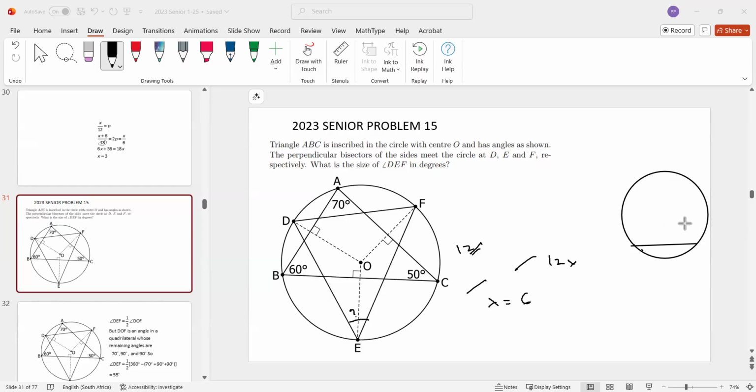Now, if you take any point on the circumference, take this point here, for instance, you join that point to the 2 end points of the chord.